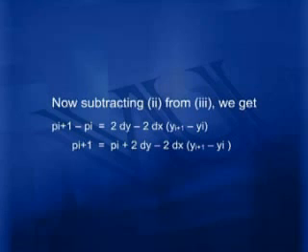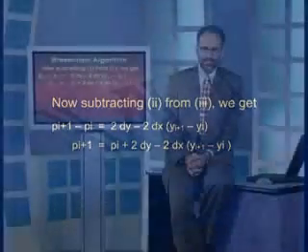And this can be further simplified to be written as pi plus 1 is equal to pi plus 2dy minus 2dx times yi plus 1 minus yi. So enough of these calculations, but where we have reached now is the point where the next value of parameter pi has been calculated in terms of the first value of pi.